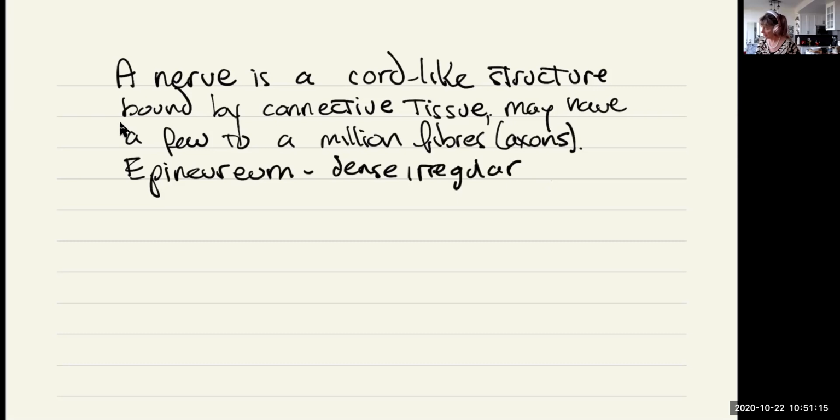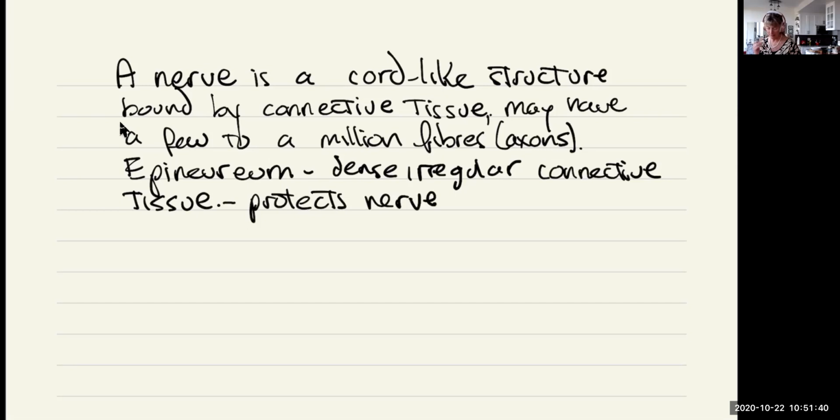So it's not loose, it's dense, but it's densely packed loose connective tissue, if that makes sense. So it protects the nerve. It's quite strong. It protects the nerve from stretching and injury.